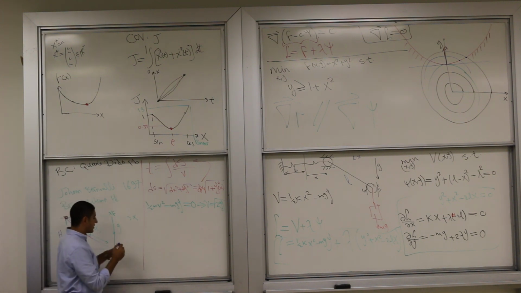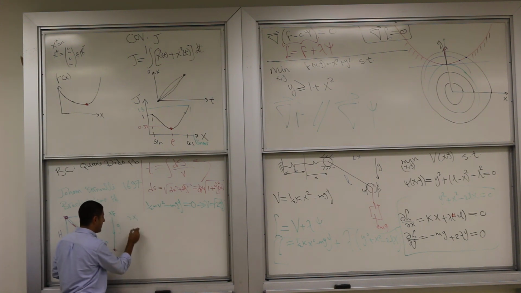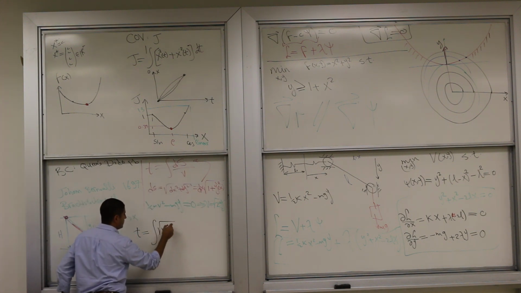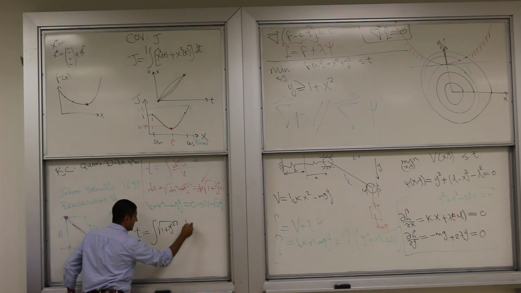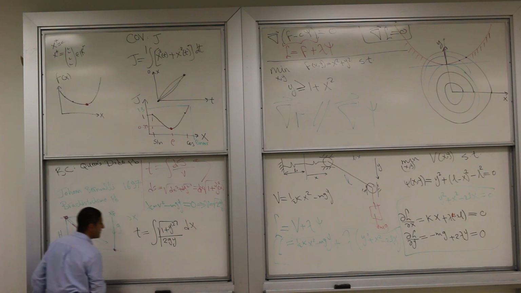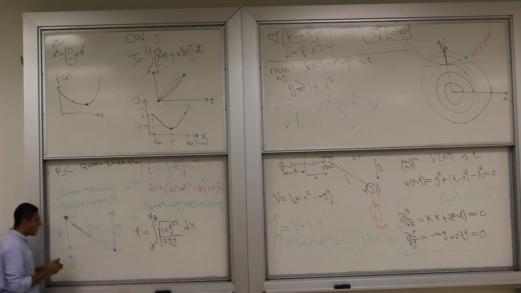Let's substitute to get our time of the excursion. The problem turns out to be over x now. It is the integral. ds is here, the square root of 1 plus y prime squared dx, over the square root of 2gy. Integration over x from 0 to x final, right?